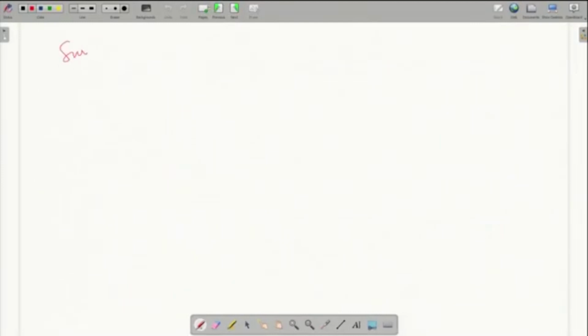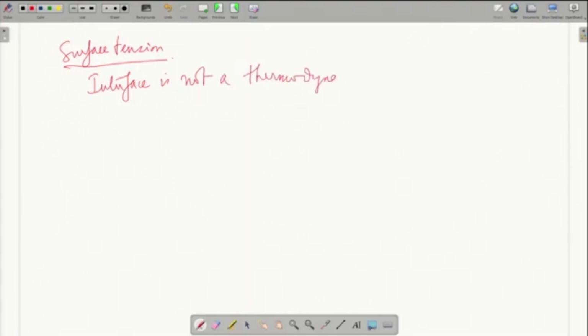So, if you look at the surface tension part of the story, we will just note down a little on surface tension. As we know, surface tension arises because the interface is not a thermodynamically optimum region. Why do we call it like that?